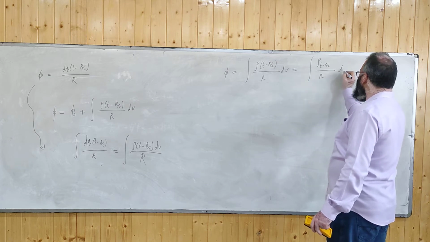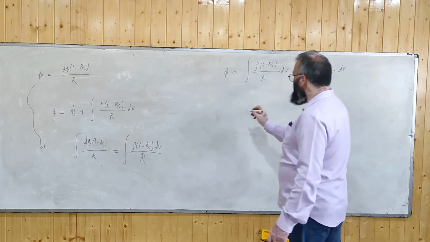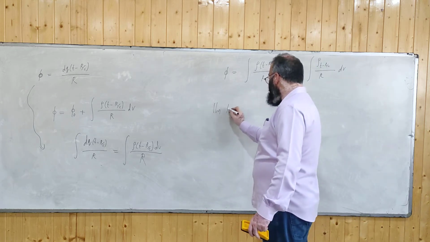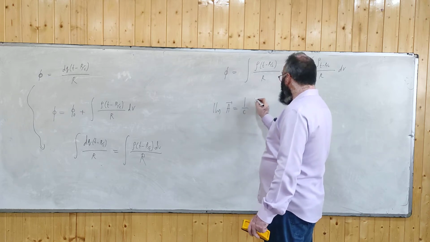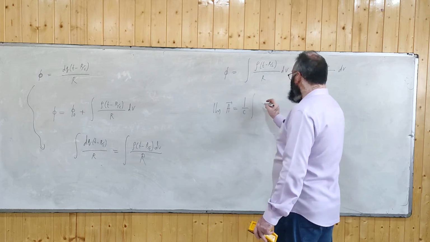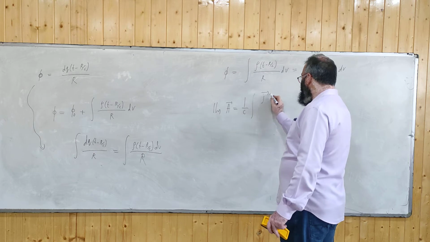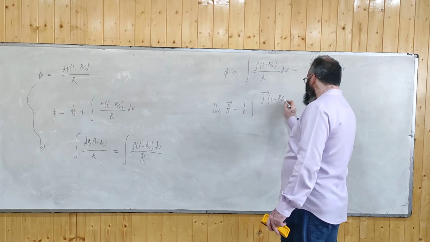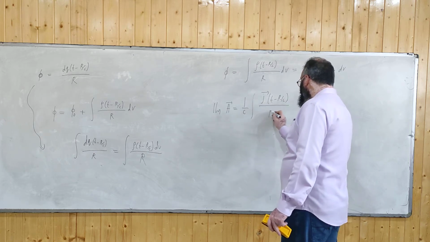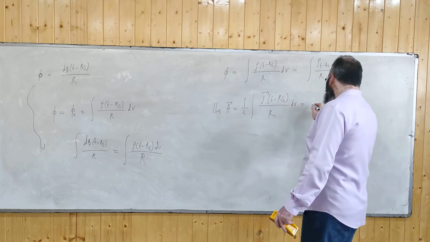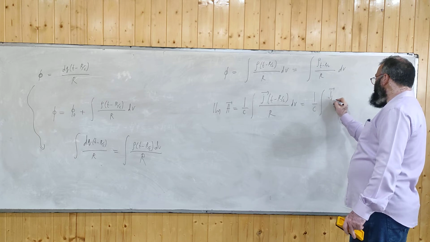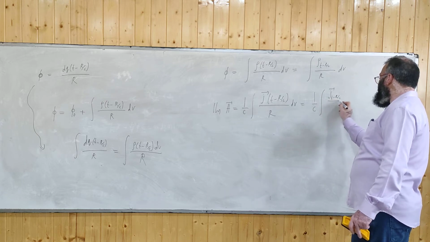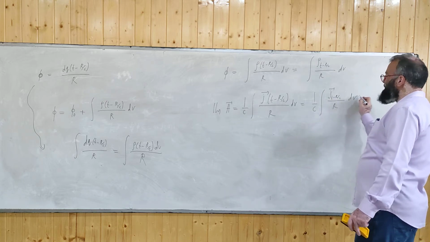Similarly we can write this A, vector A, because there is only 1 by c as the difference. So it will be, anybody? So it will be this current density J at t minus r by c divided by r. So that is 1 by c integral of J with t minus r by c as a subscript.